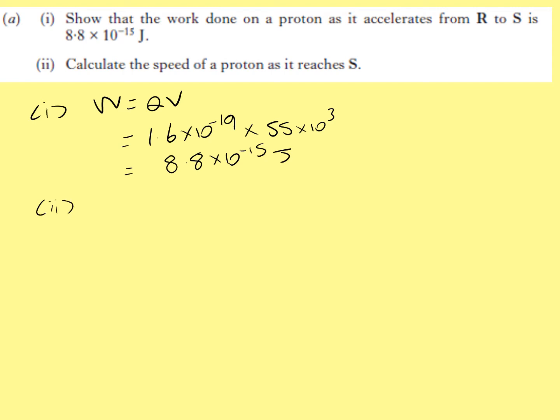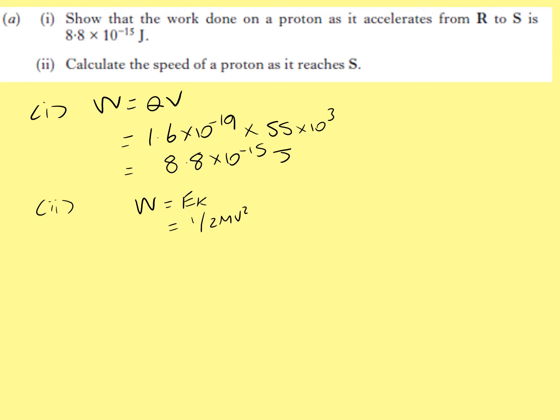In part 2, we're asked to calculate the speed of a proton as it reaches S. We did this in our previous videos where we were looking at electric fields. We know that in an electric field, work is done in moving the charge, and if that charge is going with the field, then the work done is equal to the kinetic energy. So W is equal to 1/2 mv squared.